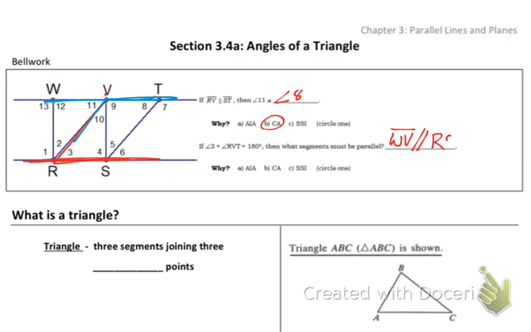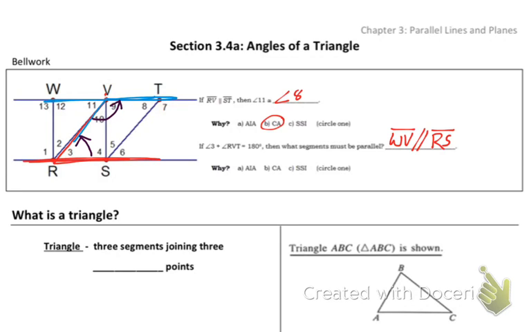Yes, Evan? I put VR and ST. Is that because it ends right on the line and it doesn't go through? Well, did I even highlight this line at all? No. Let's quickly highlight the angles that we're talking about. So we said angle 3, right? And then we said angle RVT.